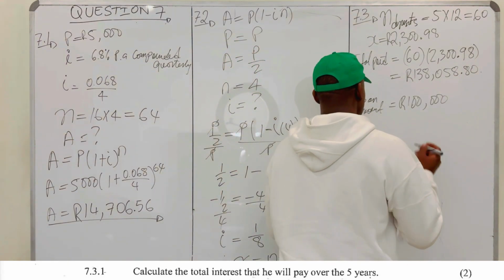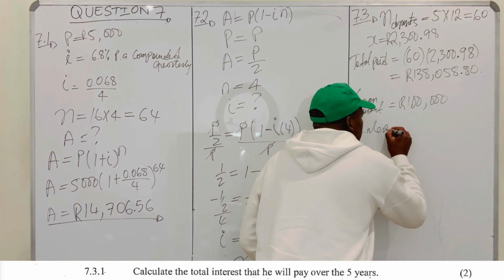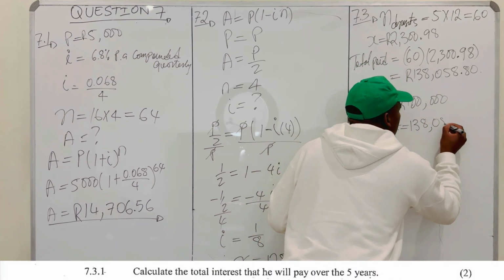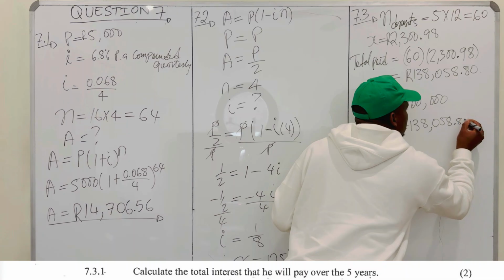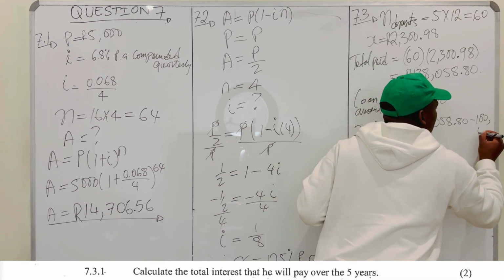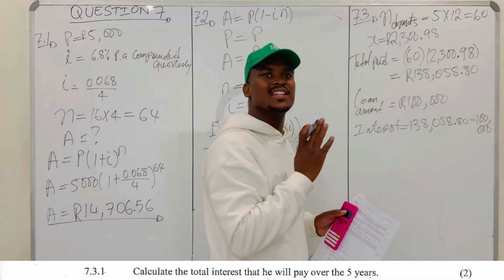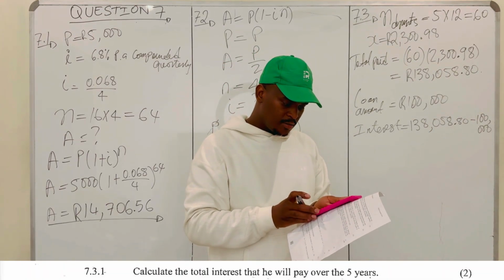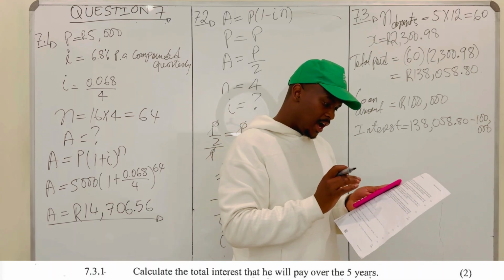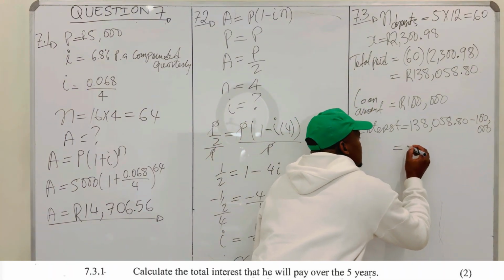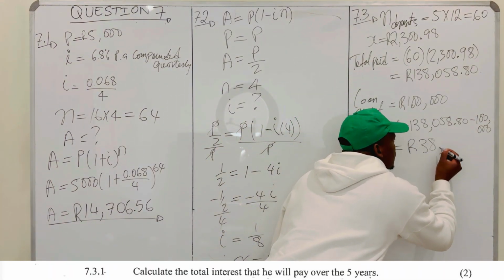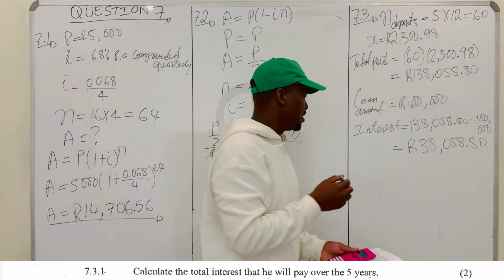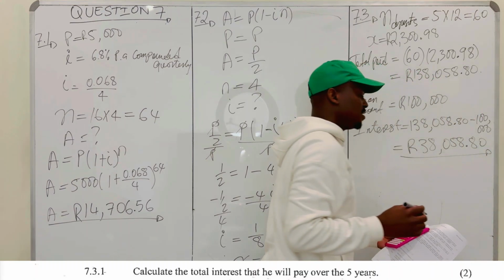So your interest should be that 138,058 rand 80 cents minus 100,000, which is the initial amount that he got from the bank. The difference between the two is your interest, which means the amount of interest paid is 38,058.80. So this is the amount of interest that he repaid to the bank.